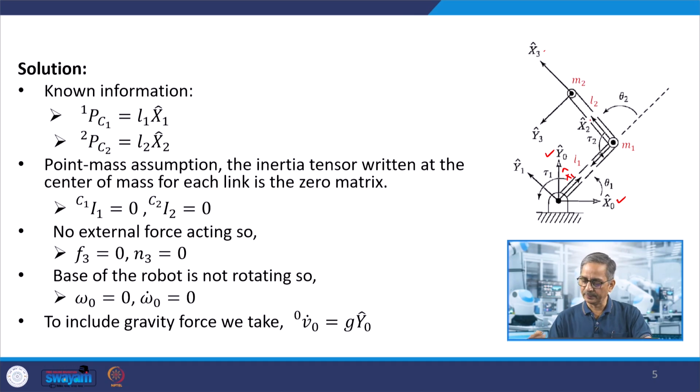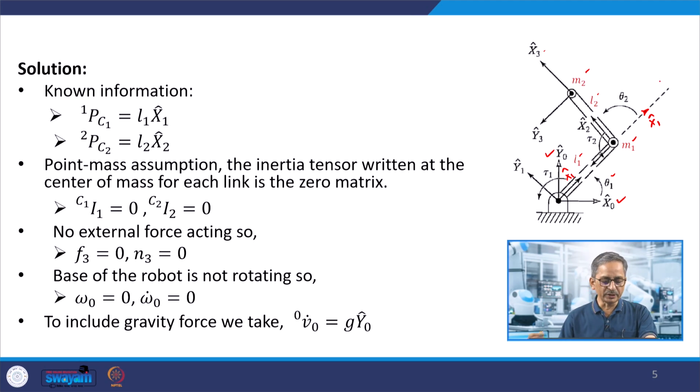These are point masses M1 and M2, and the lengths are L1 and L2. The joint angle theta 1 is the angle between x0 cap and x1 cap, and theta 2 is the angle between x1 cap and x2 cap. This is my direction of x1 cap.